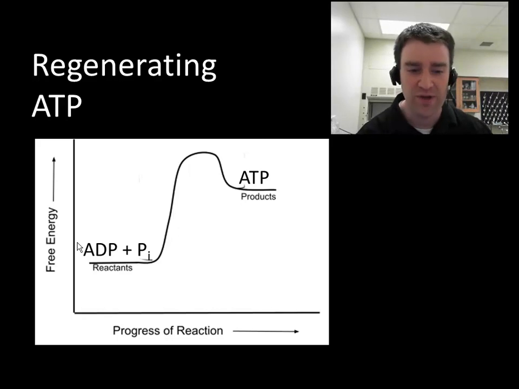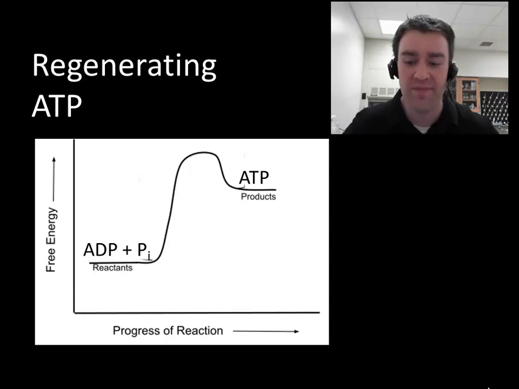Is there any way of regenerating ADP and sort of recombining that phosphate to make energetic ATP again? The answer is yes, but that reaction needs help. That reaction itself is endergonic.